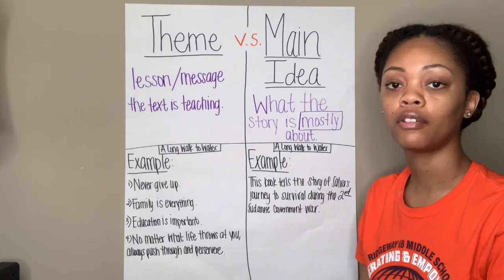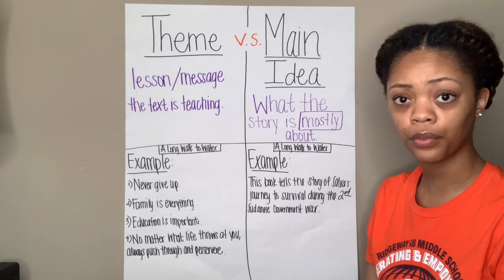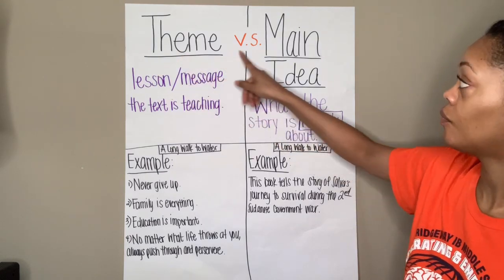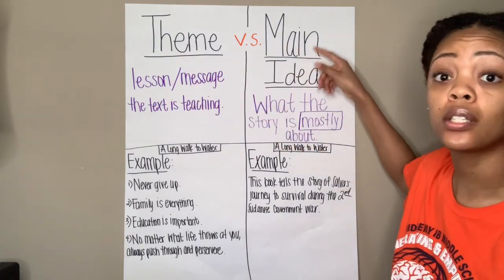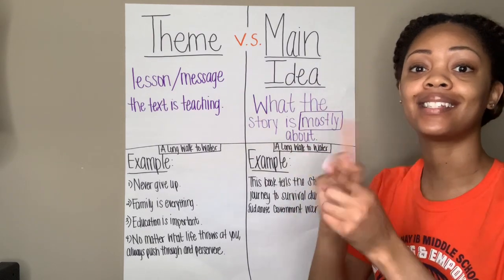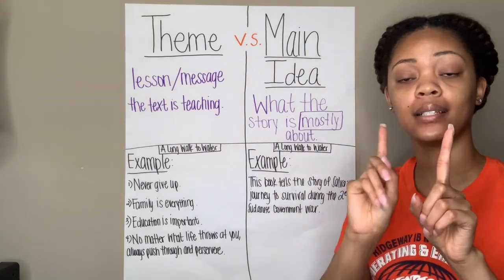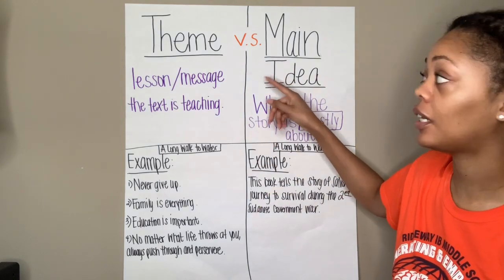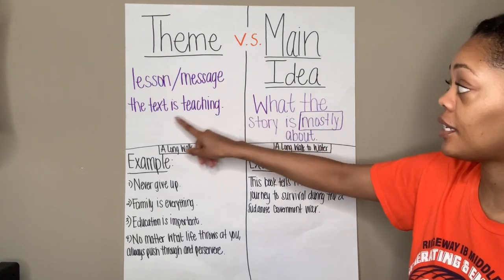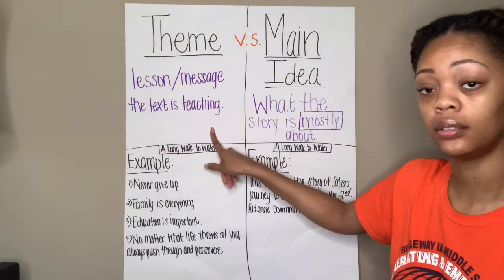Now, this anchor chart for RL.7.2 should look quite familiar to you because we have one of these in class. So we have theme versus main idea or central idea. Main idea and central idea are the same thing. Remember, if you see main idea and central idea, they are the same thing. So theme is the lesson or the message that the text is teaching.